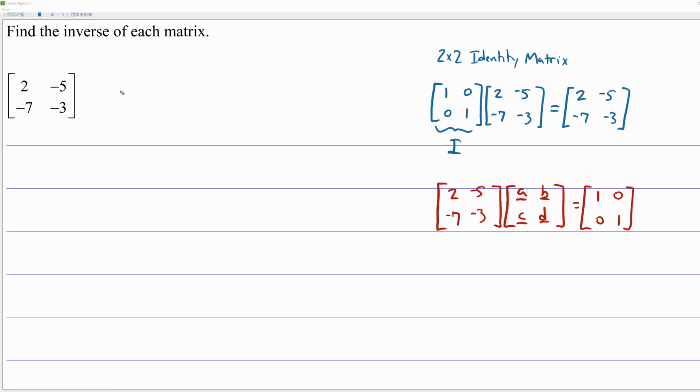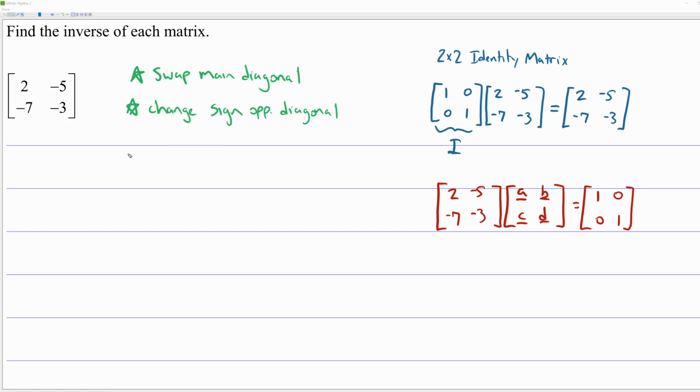You do 3 things, so I'm going to write them over here. Here's the 3 things that you do. You swap the 2 numbers that are on the main diagonal. You change the sign of the opposite diagonal.